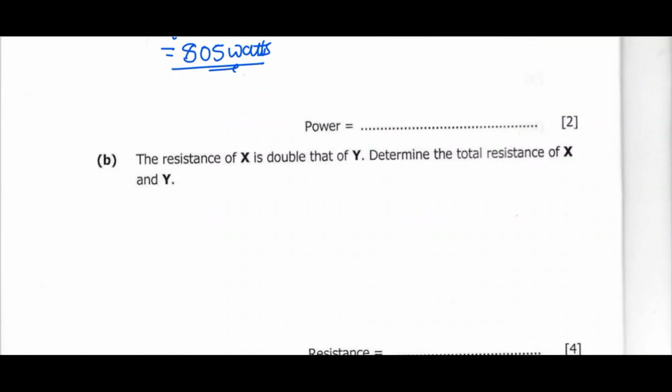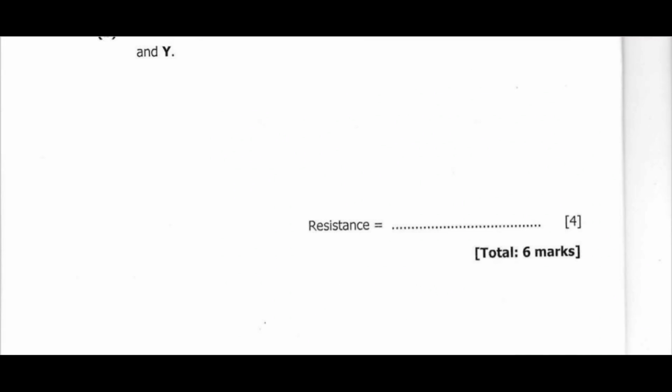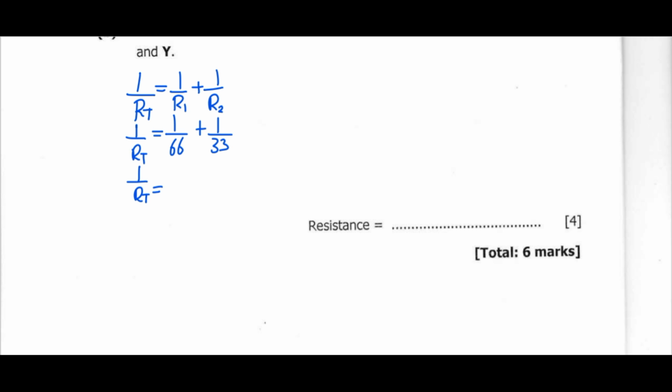So we can now find the total resistance in parallel. So 1 over RT is equal to 1 over R1 plus 1 over R2. 1 over RT is equal to 1 over R1, which is 66, plus 1 over 33. Lowest common denominator is 66. 66 into 66 is 1.